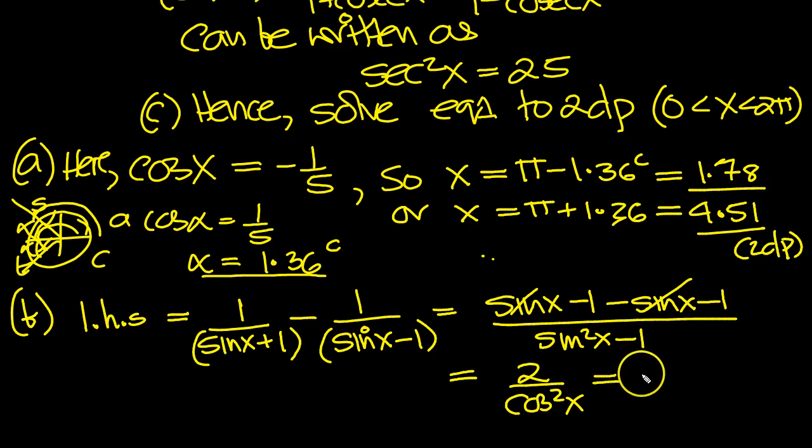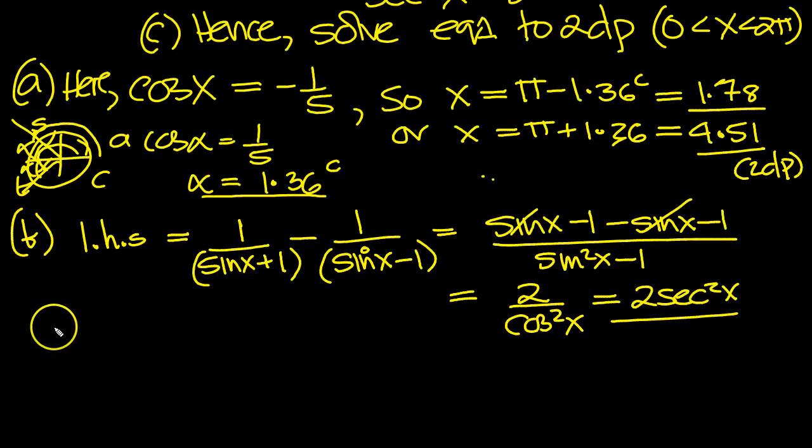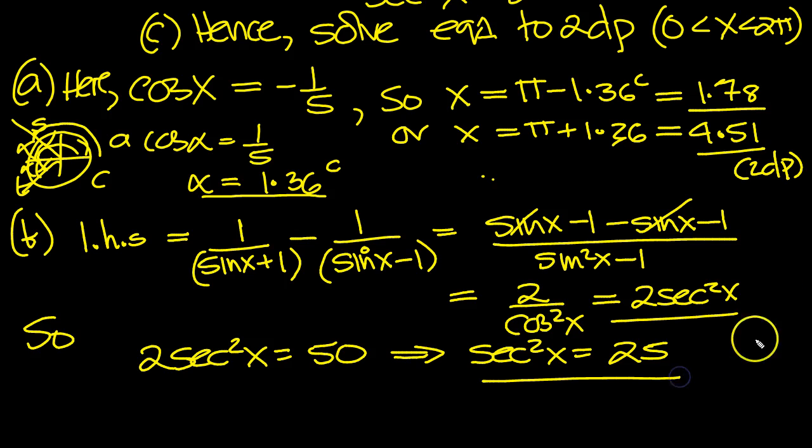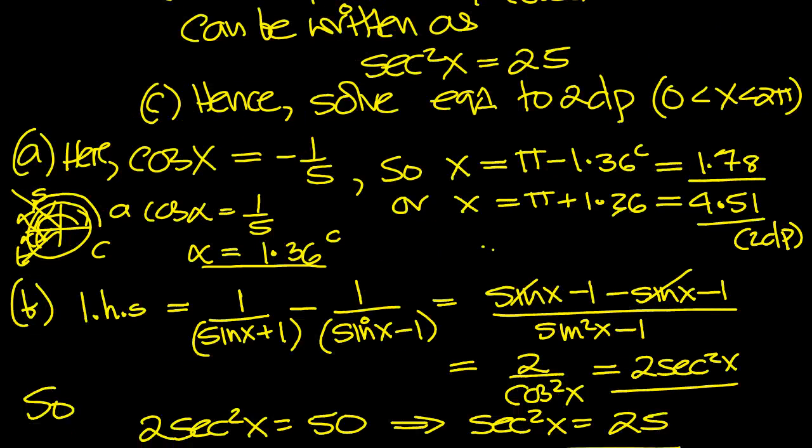Move the cos up then to sec, it's 2 sec squared x, so that's what we wanted. So 2 sec squared x is equal to 50. Move the 2 from times to divide, and we get sec squared x equals 50 over 2 is 25. So that's what we wanted to show then.